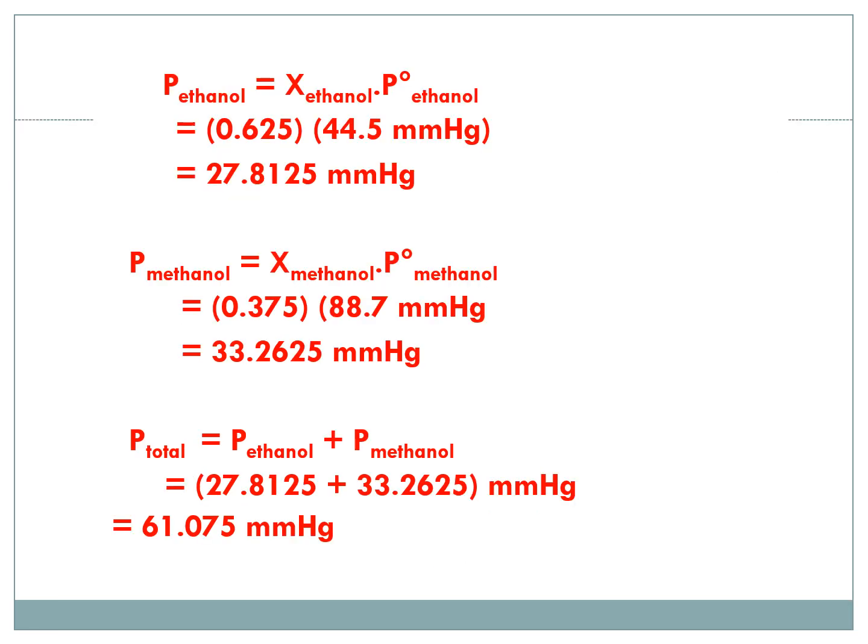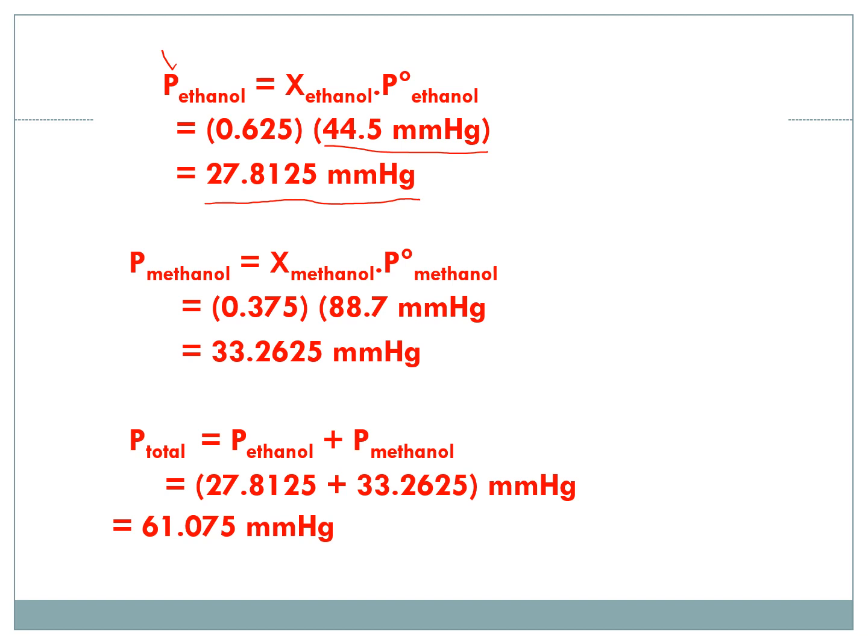Then you can find the partial pressure of ethanol, which is equal to the mole fraction of ethanol times the vapor pressure of pure ethanol, equal to 0.625 times 44.5 mm mercury, equal to 27.8125 mm mercury.